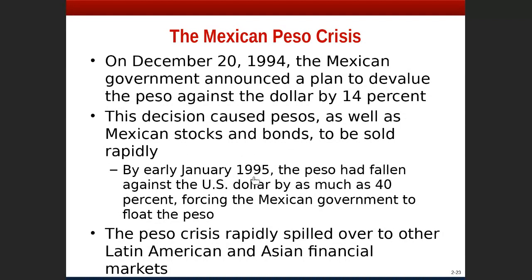By early January 1995, the peso had fallen against the US dollar by as much as 40%, forcing the Mexican government to float the peso. The peso crisis rapidly spilled over to other Latin American and Asian financial markets. This is what we call contagion.